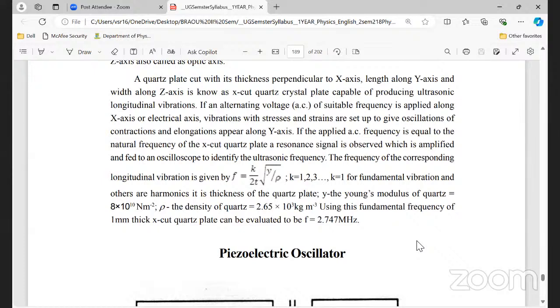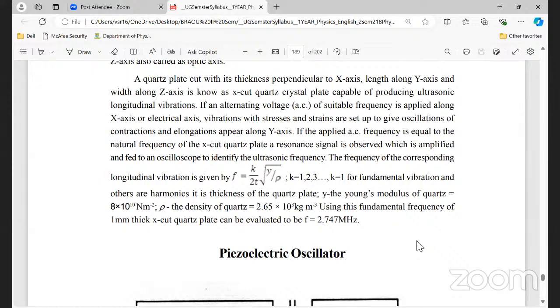Here is the equation related to the frequency of the corresponding longitudinal vibrations: f equals k by 2t under root Y by rho, where k you can substitute as 1, 2, 3 and so on.